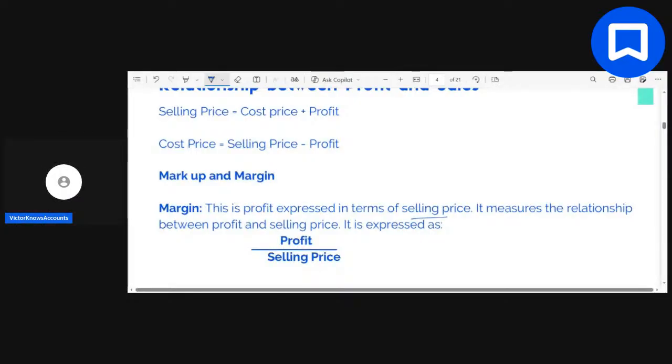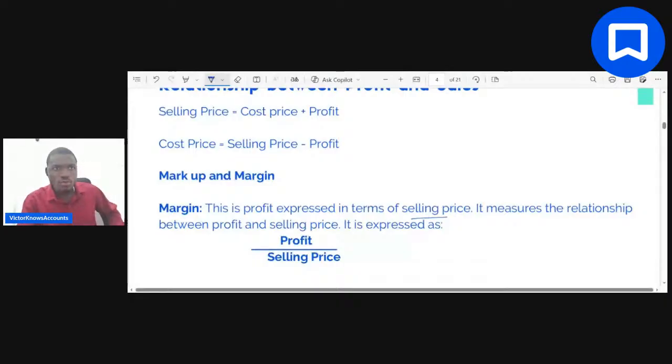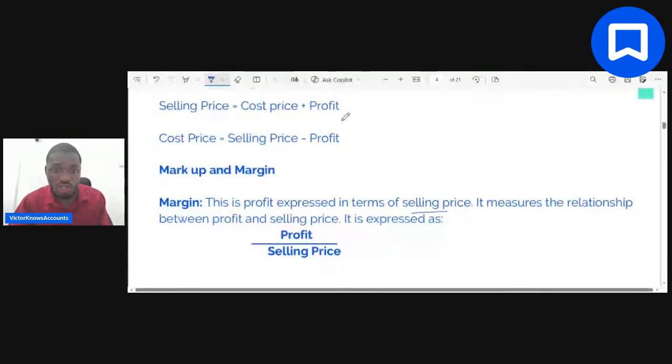Right. So profit over selling price. Of course, in case you want to express it as a percentage, you can say times 100 over 1.